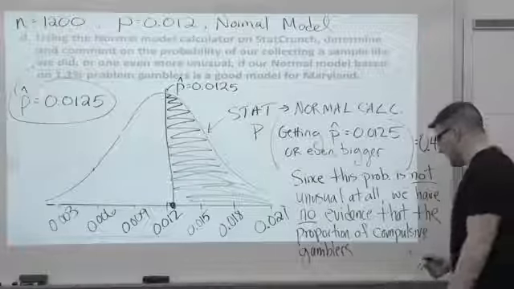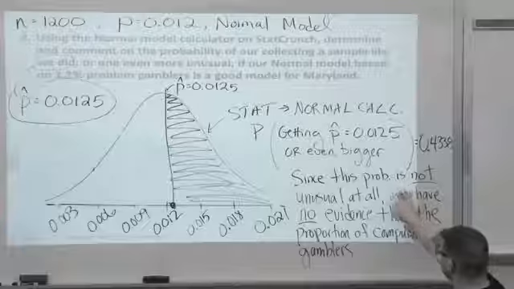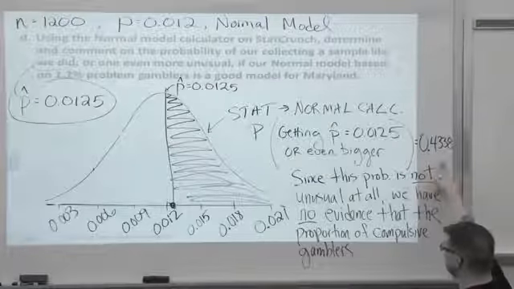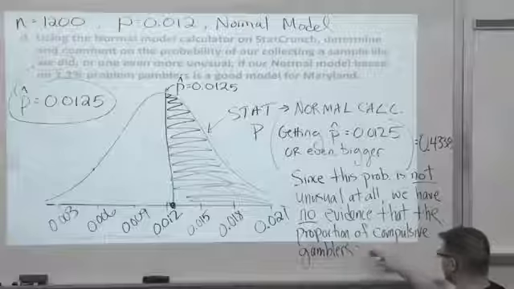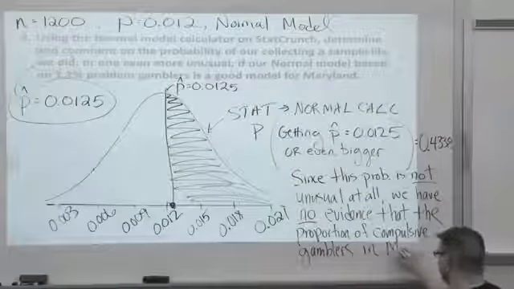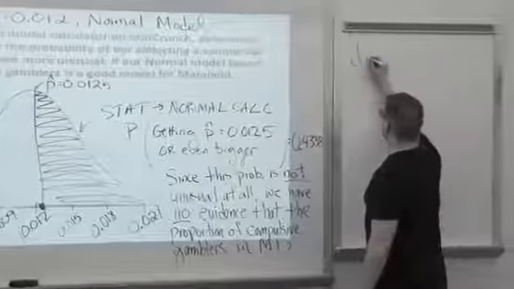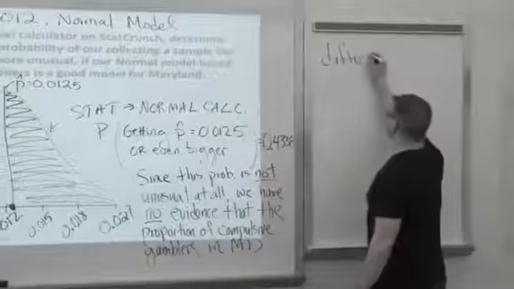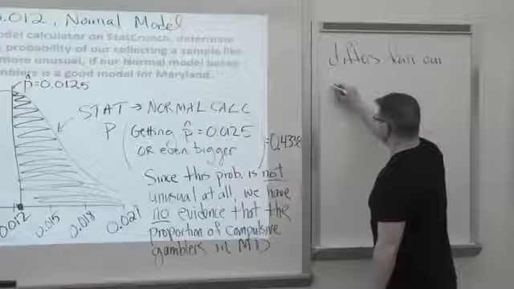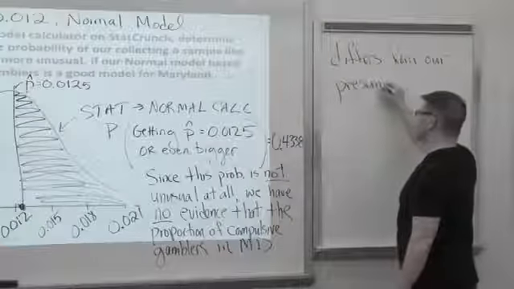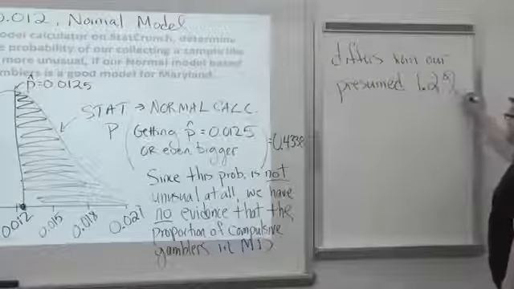Okay, so that's fine for this one. Since this probability, the 0.4338, is not unusual at all, we have no evidence that the proportion of compulsive gamblers in Maryland differs from our presumed 1.2%.